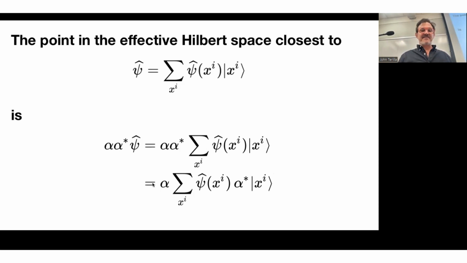And then afterwards, I'll tell you how to compute alpha of it. And so this gives you a way of, without having access to psi hat in this large 2 to the 1000 dimensional Hilbert space, I can still compute its orthogonal projection on this small subspace.